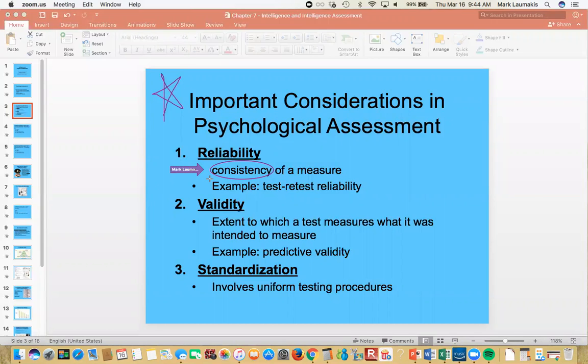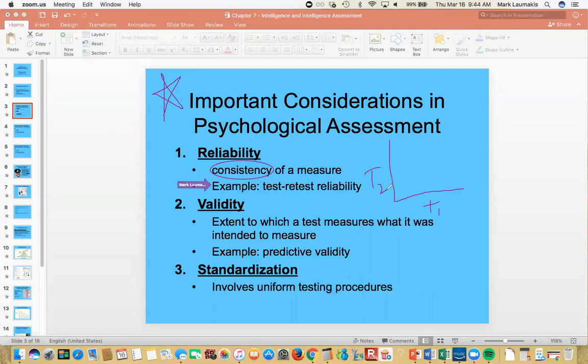Well, if it's going to be great, it's number 1, going to have to be reliable. Okay, it's going to have to yield consistent results. We talked about test-retest reliability back in the section on research methods, right? What this meant was our test, if it is reliable, is going to yield similar scores at time 1 and time 2. You guys remember this? We talked about this back in the method section.